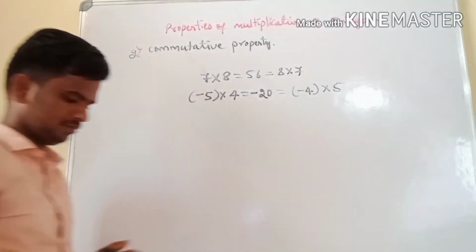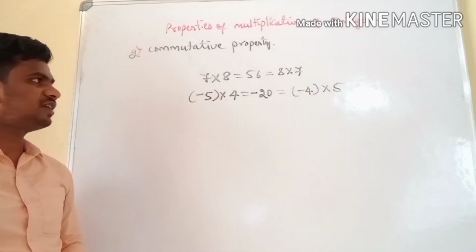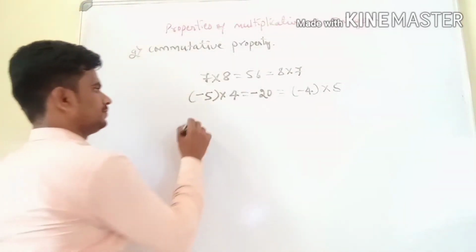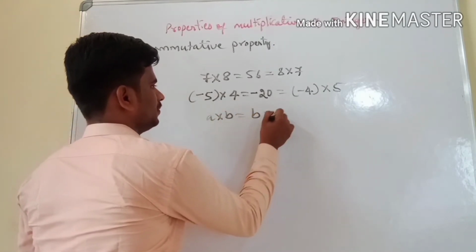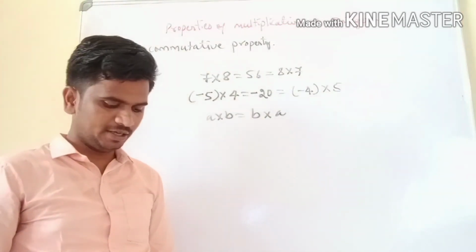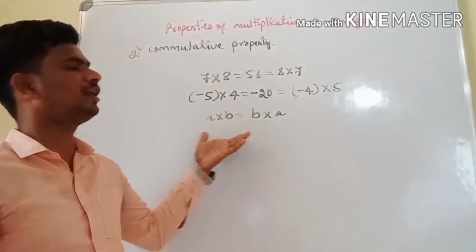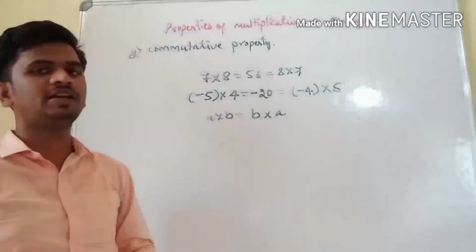Minus 4 into 5. In general, we can write a into b is nothing but b into a. A into b is equal to b into a. This is the commutative property for the multiplication of integers.